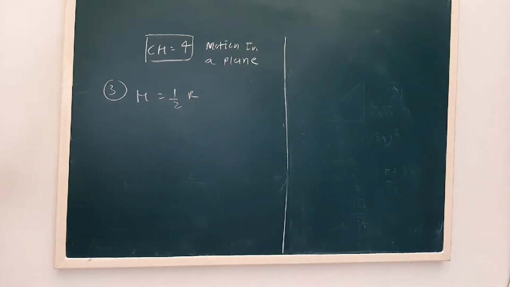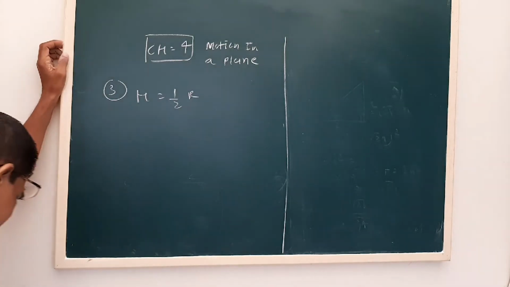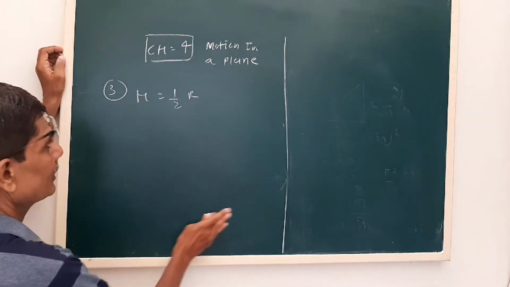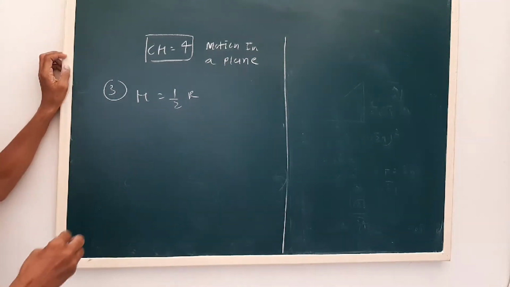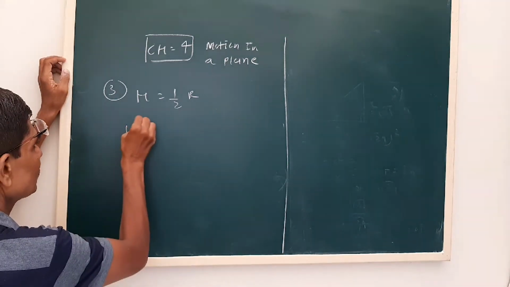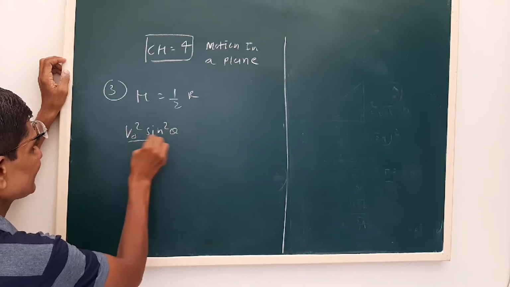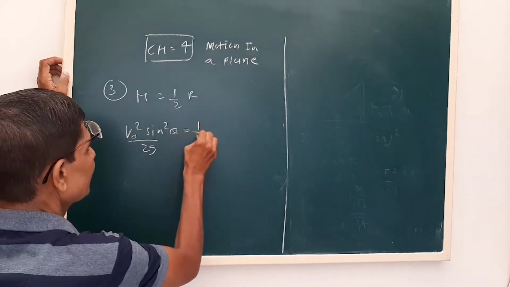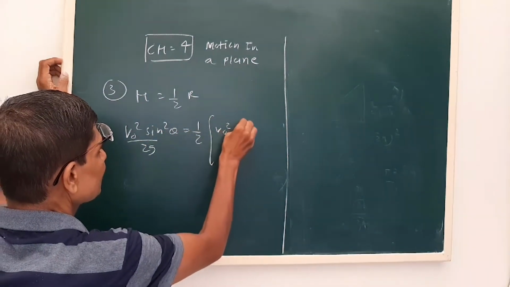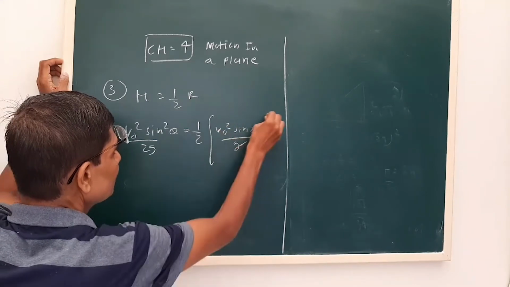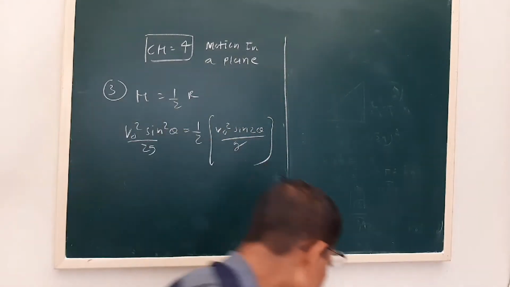What is the angle of projection? Height is v0 square sine square theta upon 2g. Range is v0 square sine 2 theta upon g. Now we can simplify.